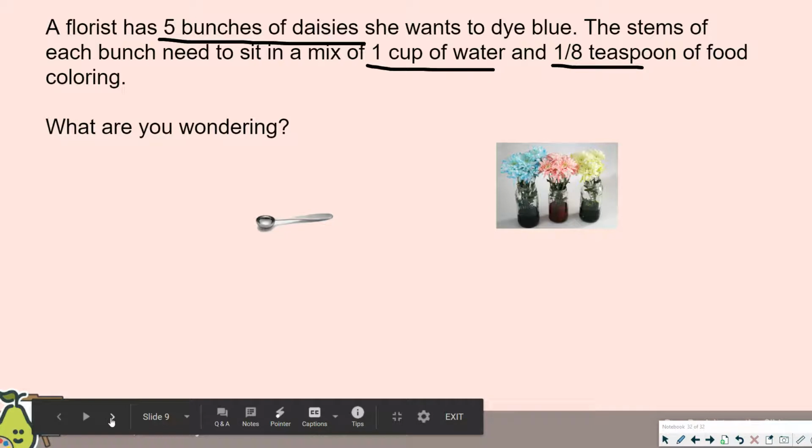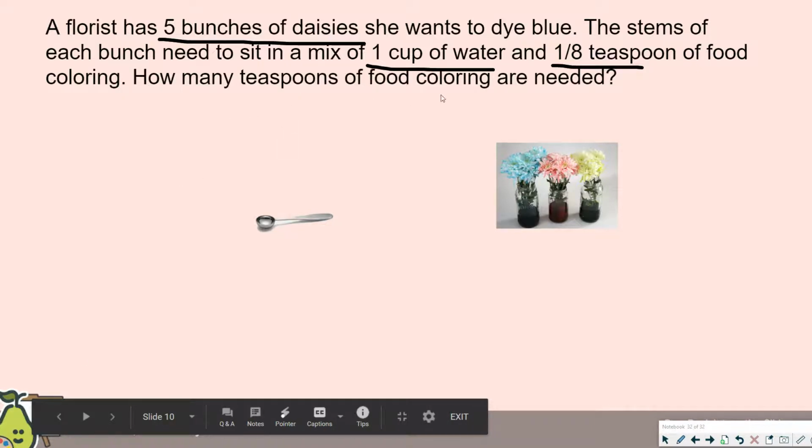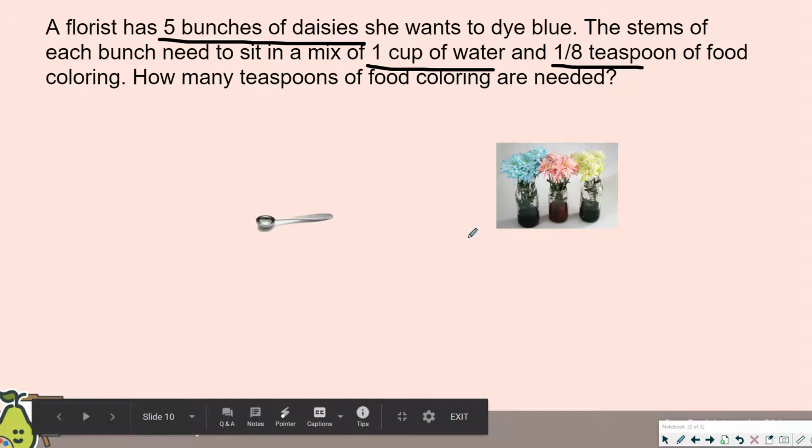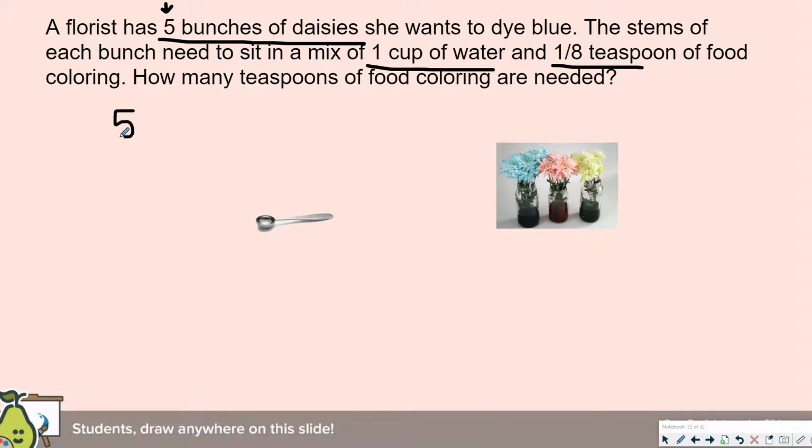So in this case, we want to know how many teaspoons of food coloring are needed if every bunch has 1/8 of a teaspoon. So how many bunches do I have? 5. Okay. And each one has 1/8. So that's going to be times 1/8.